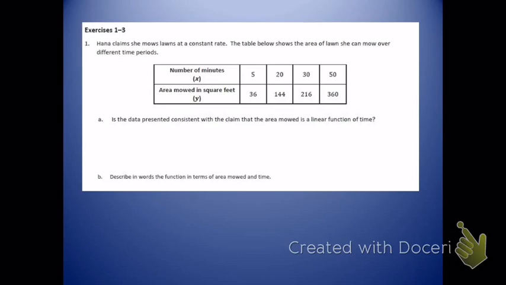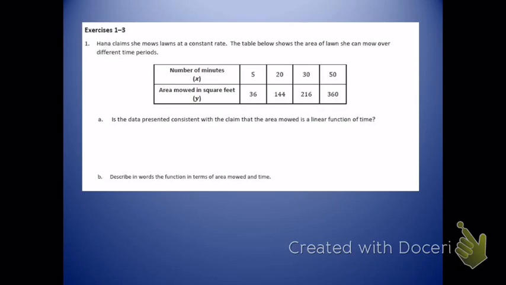Okay, so for exercise 1, Hannah claims she mows the lawn at a constant rate. The table below shows the area of lawn she can mow over different time periods. So in 5 minutes, she can mow 36 square feet and so on. The first question that's asked is: is the data presented consistent with the claim that the area mowed is a linear function of time?